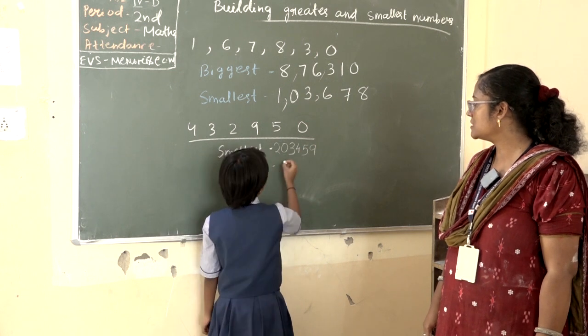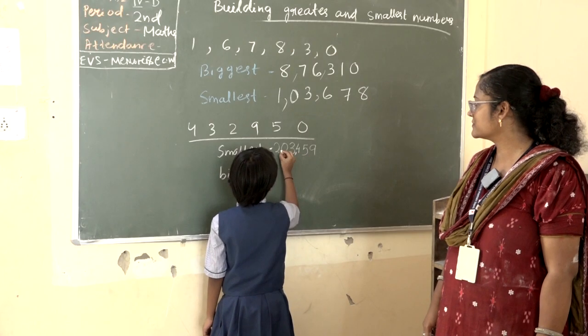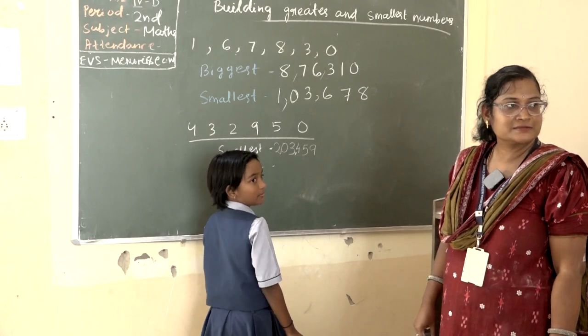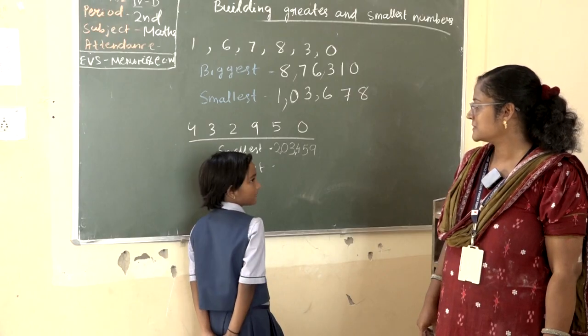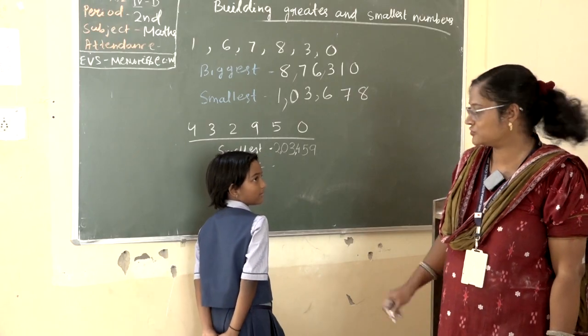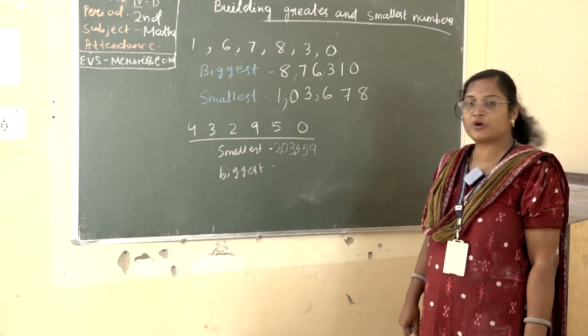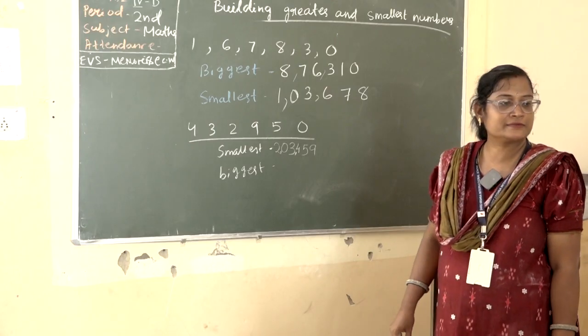Good. Give the comma in the correct place. So what is the number? 2,03,459. Is it correct or wrong? Correct, right? Very good. The smallest number is 2,03,459. Now we will write the biggest number. Come.